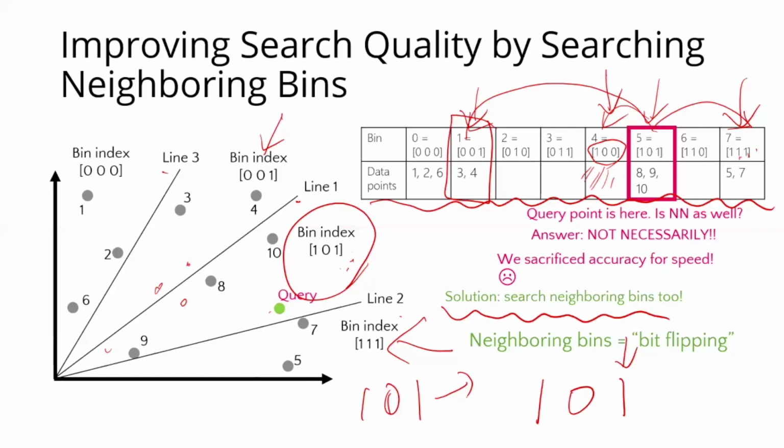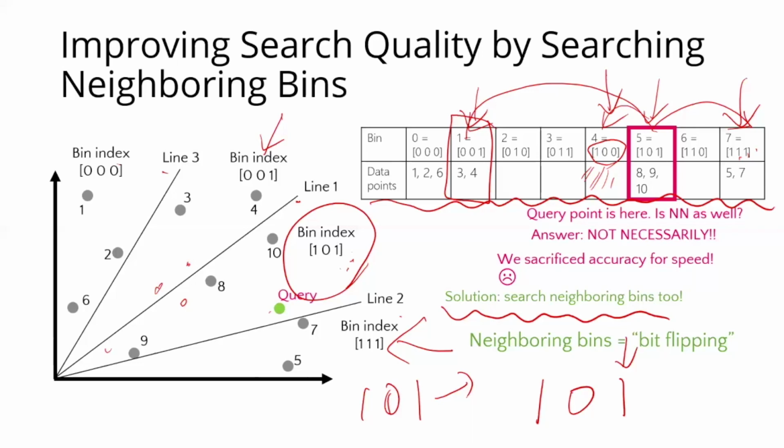So in this way, you can fairly easily visit neighboring buckets to the current bucket by simply flipping the index in binary.